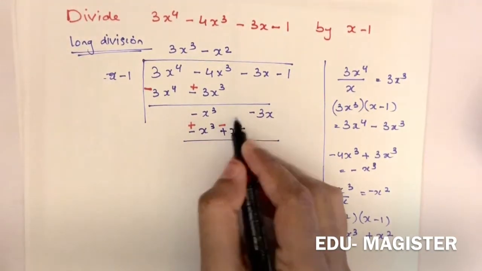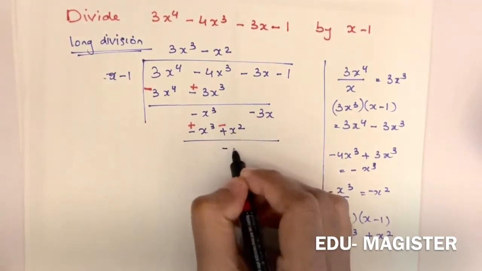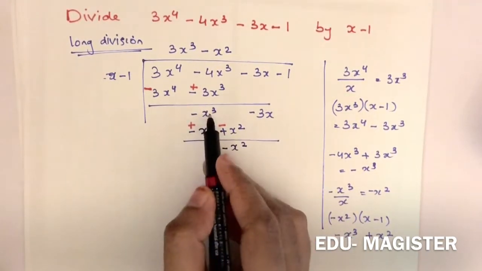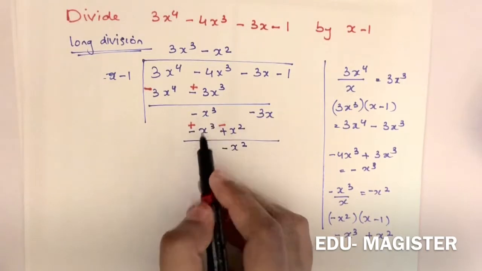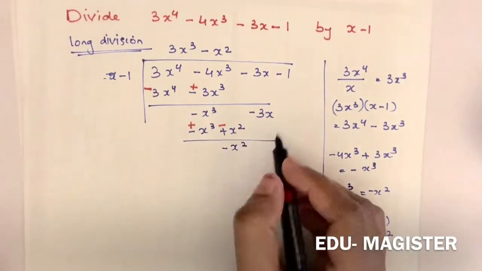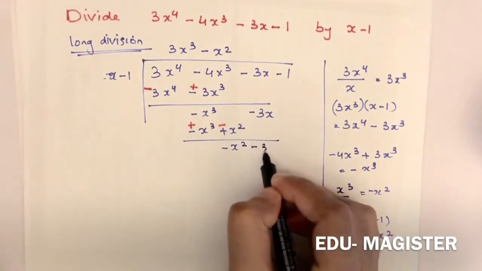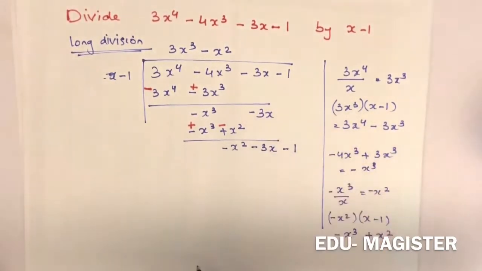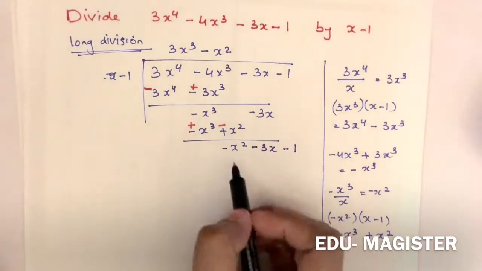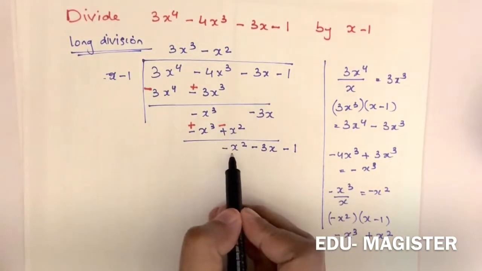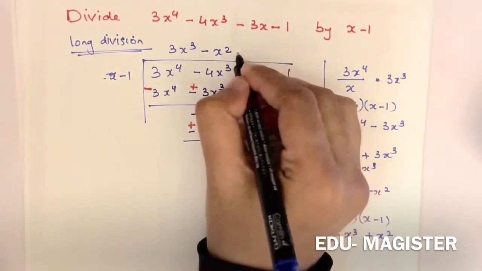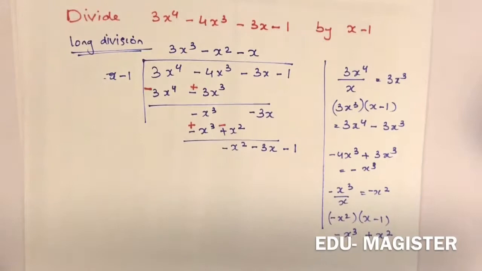Here, since there is no x square term, minus x square will come down and minus x cube plus x cube will get cancelled off, and let's write it down here, minus 3x, and the next term is minus 1. Alright, now again minus x square divided by x will be minus x.